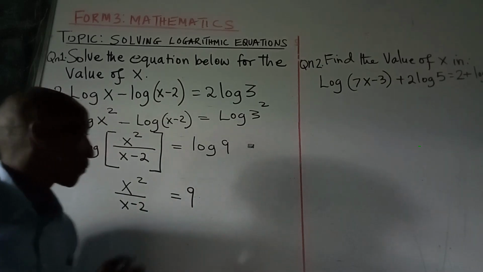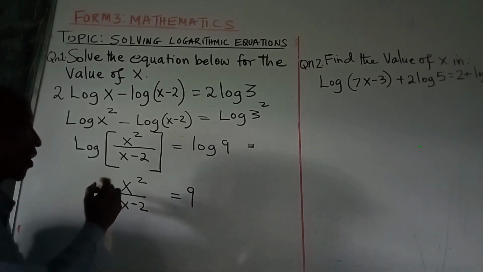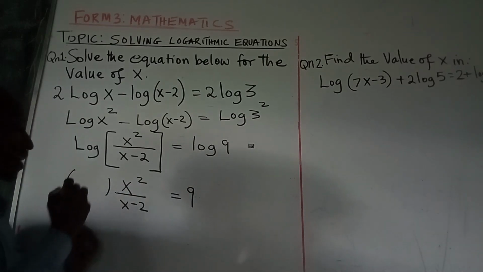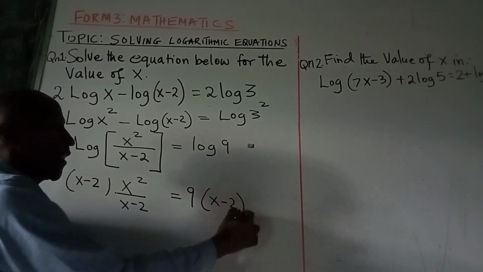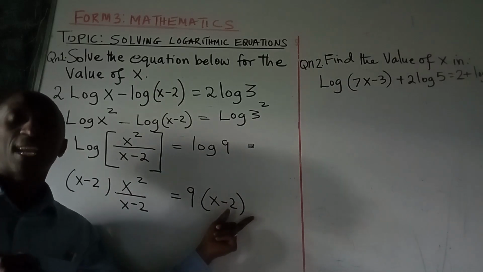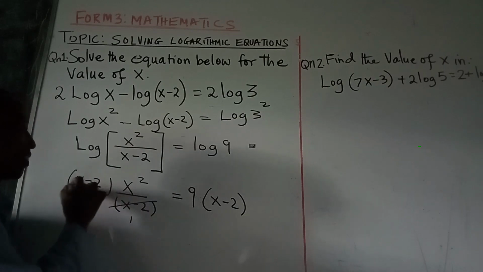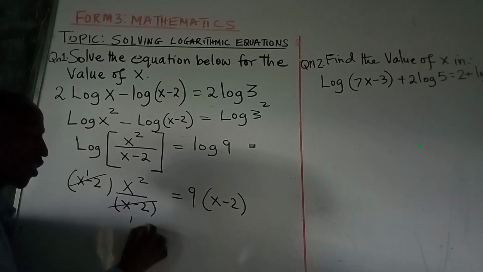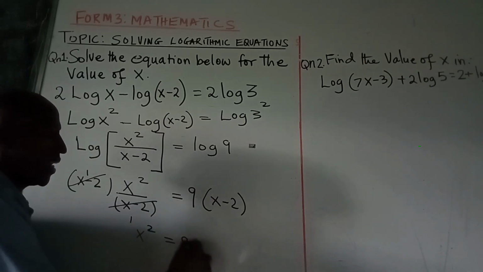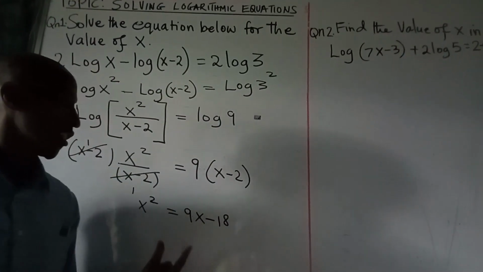We can multiply by x minus 2 on the left-hand side, and repeat that by multiplying by x minus 2 on the right-hand side, such that this part divides out, and we are left with the equation x squared is equal to 9x minus 18.